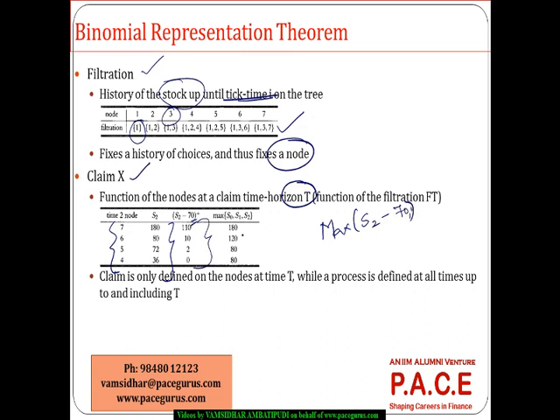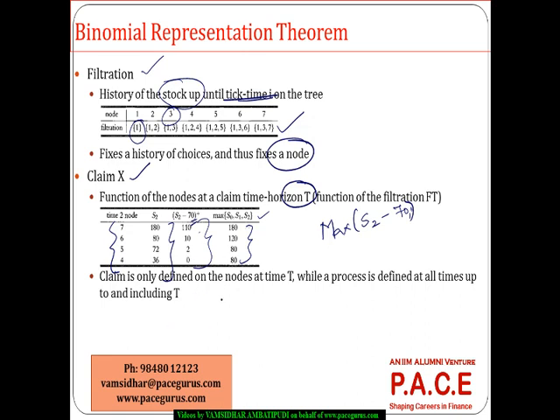So that's where I get this one. Or if I am saying the claim is max of S0, S1, S2, then for 6 this is what I am getting, and for 5 this is what I am getting. So either I can get this kind of a claim or that kind of a claim, whatever it is.